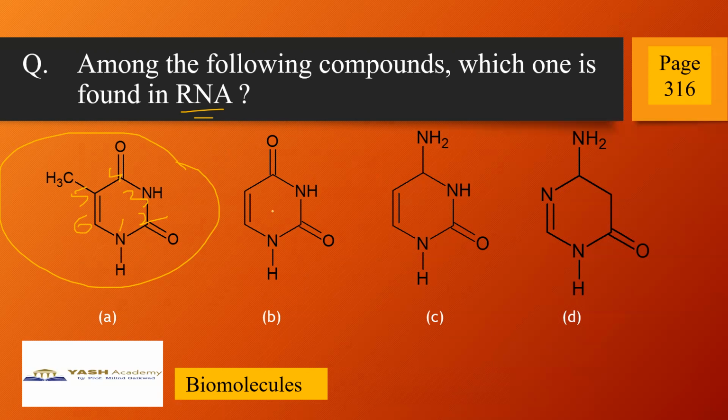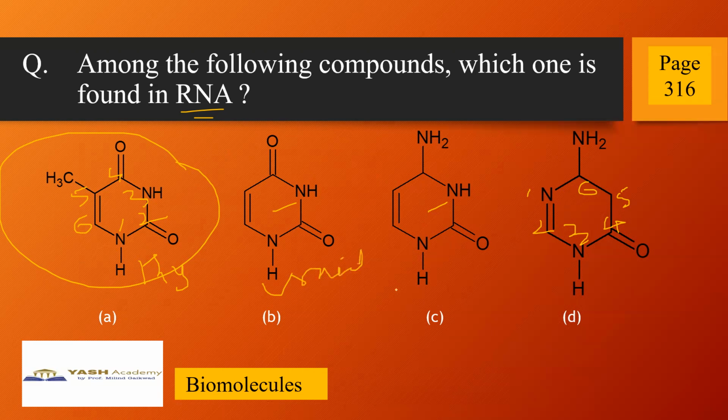anti-clockwise numbering. याच्यामध्ये पण असेल, याच्यामध्ये 1, 2, 3, 4, 5 and 6. आता this structure of, this is the structure of thymine. Thymineचं structure आहे. This is the structure of uracil.